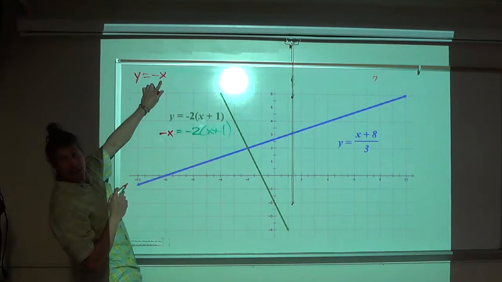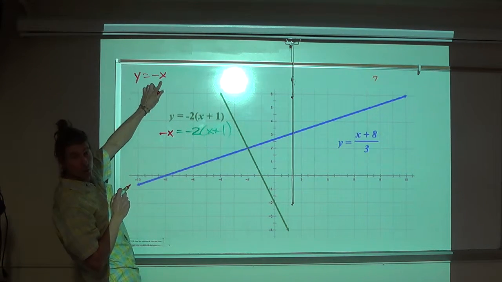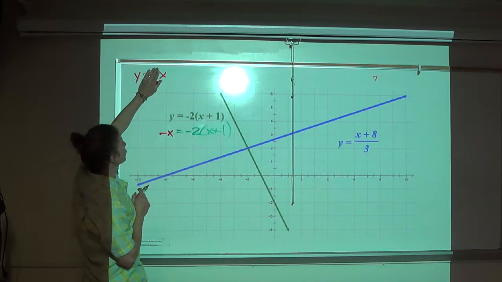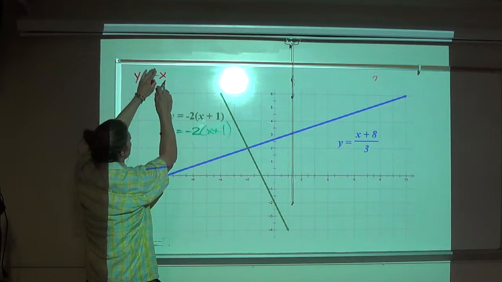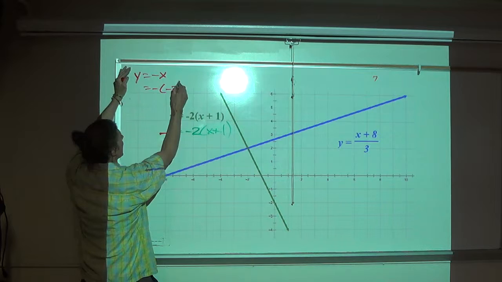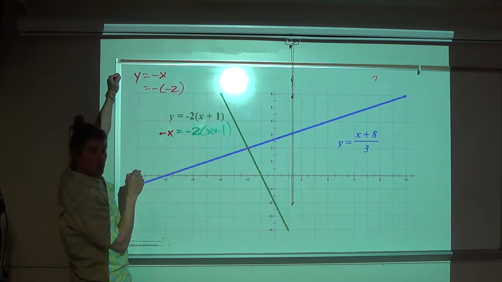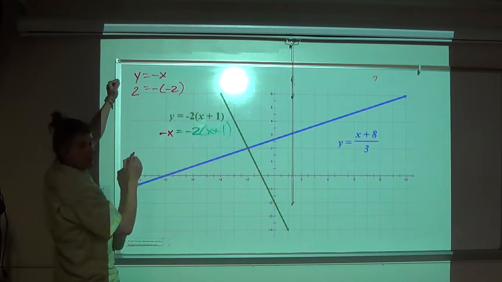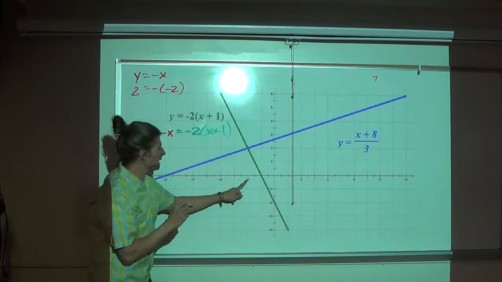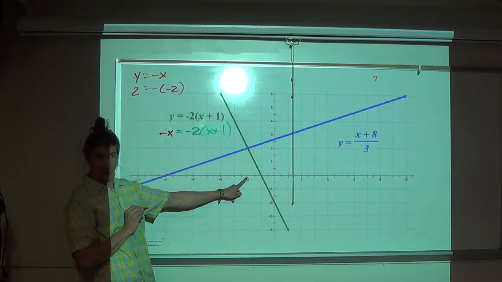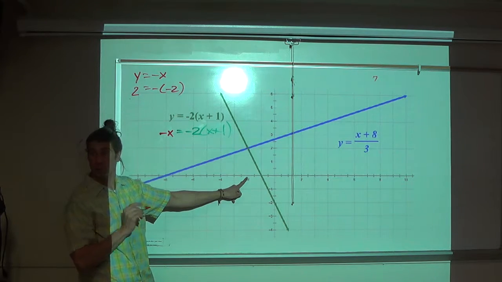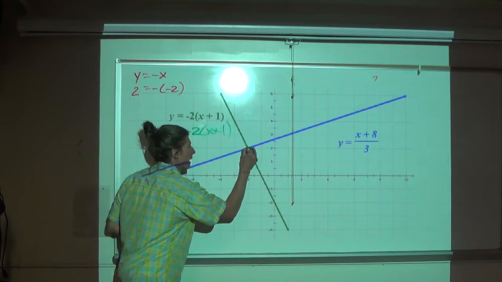If you plug in negative 2 for x, what would you get? Negative negative 2, which is positive 2. So if you plug in negative 2 for x, y has to be the opposite of that, which would be positive 2.